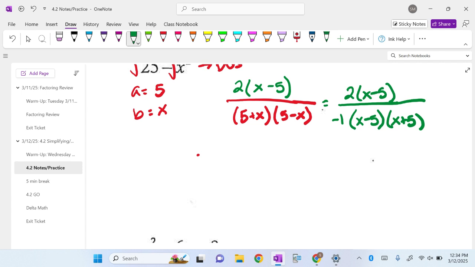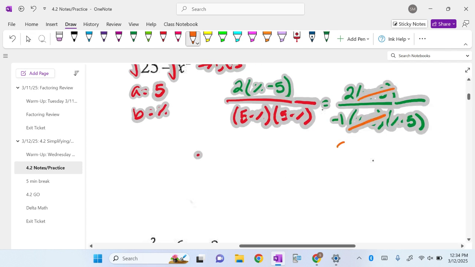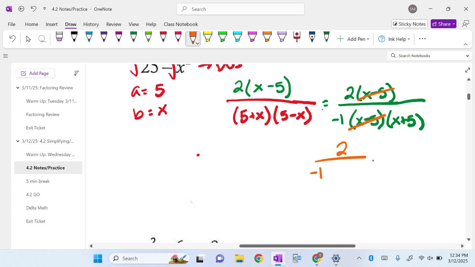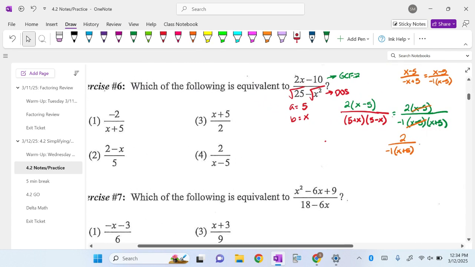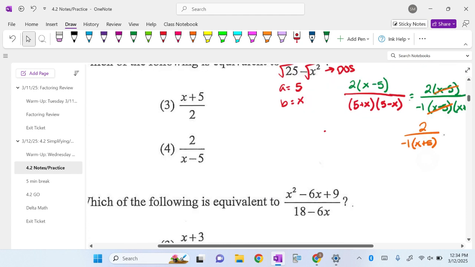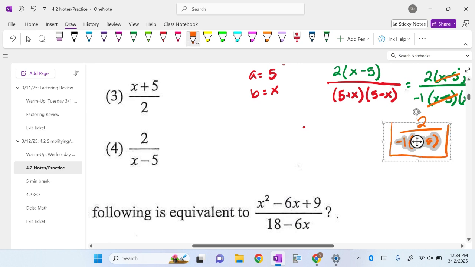So now what can I cross out? X minus 5, x minus 5. So what am I left with? So 2 over negative 1 times x plus 5. Now, with a negative 1, which of these answer choices do you think is the equivalent of this right here?